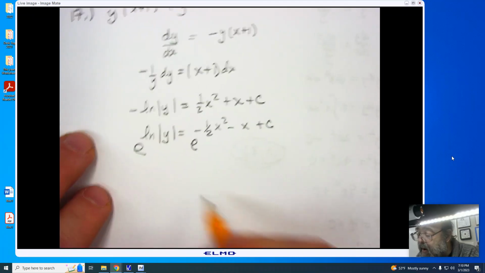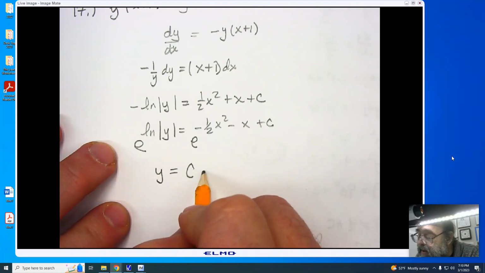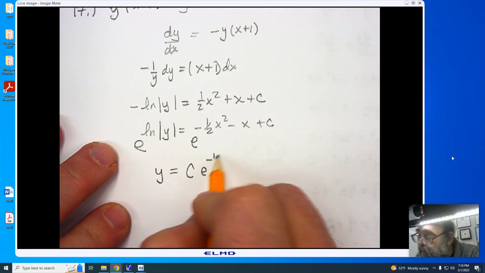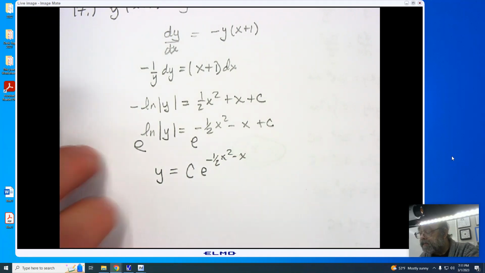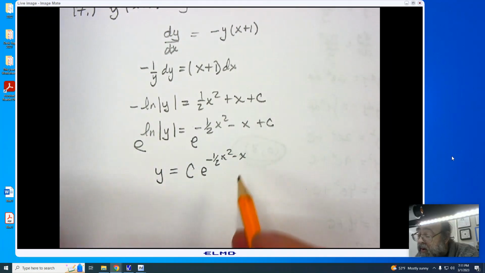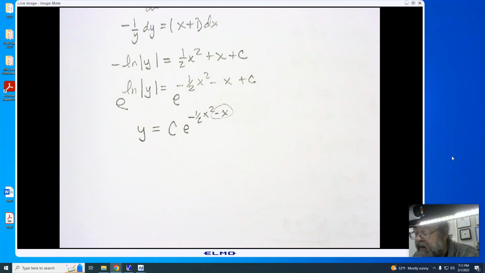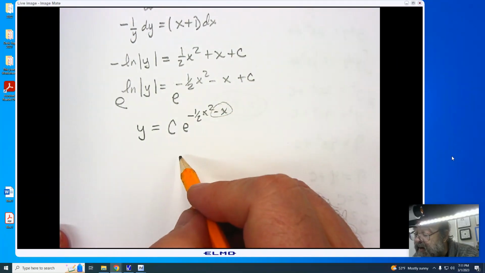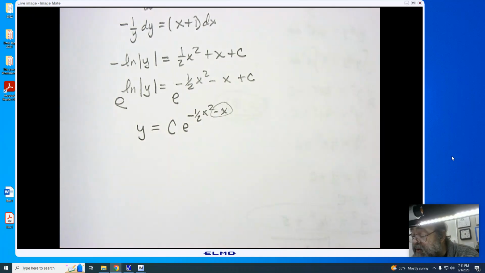Exponentiate, and you're now looking at y equal to a constant e to the negative 1/2 x squared minus x power. Now keep in mind that with the negative here, we could bring this down and have it divided by e to the x, but I see no reason to do that.